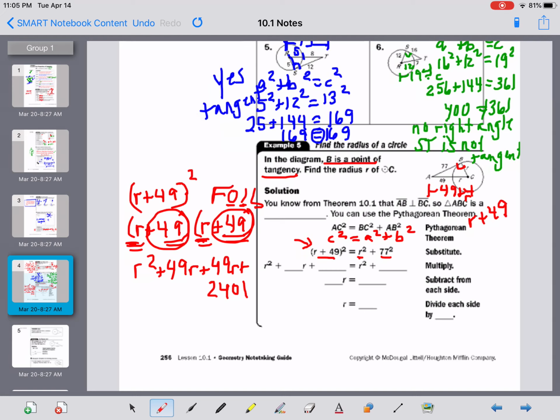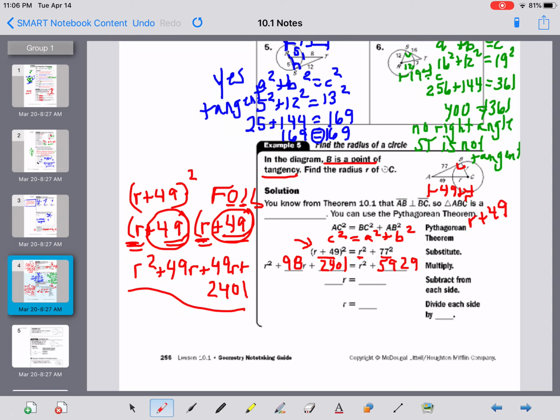So on my left side, when I combine all this and do like terms, I get r squared plus 98r plus 2,401 on my left side. On my right side, r squared is just r squared, and 77 squared, again, a calculator would be handy, is 5,929. It's time to solve this.